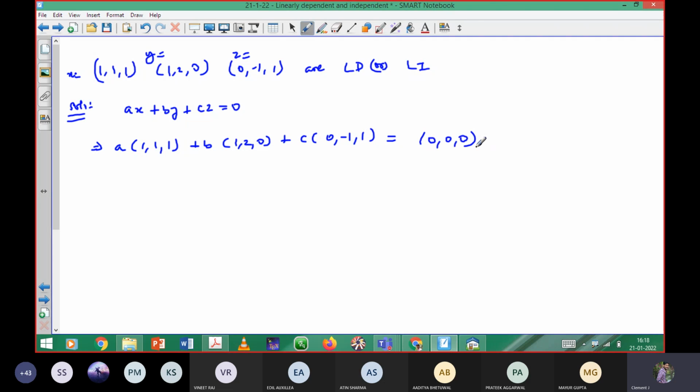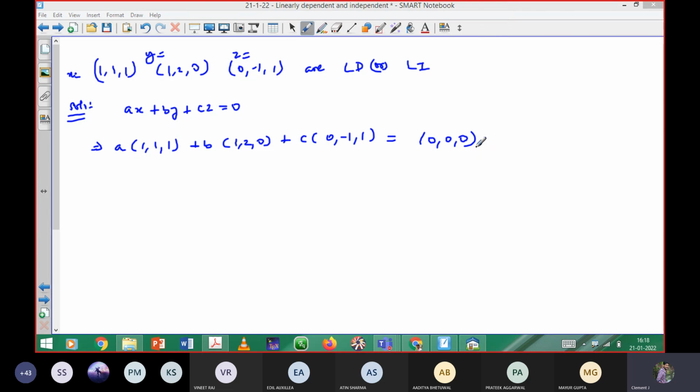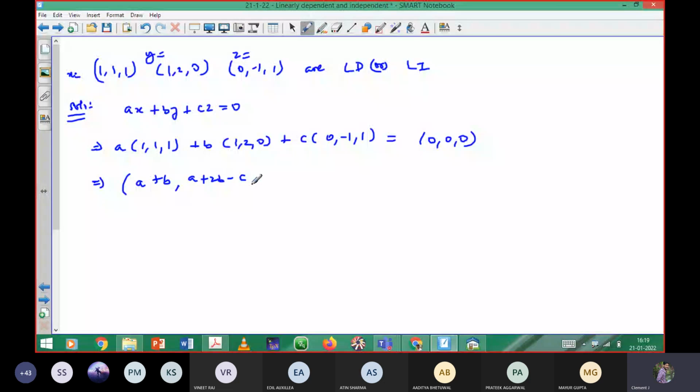Don't always expect your vectors to be present in the form of a triplet. It can be an ordered pair or it can be a 4-element pattern also. So here, next I can skip one step directly. I can write a plus b plus 0c, next a plus 2b minus c, then a plus c, equal to 0 comma 0 comma 0.